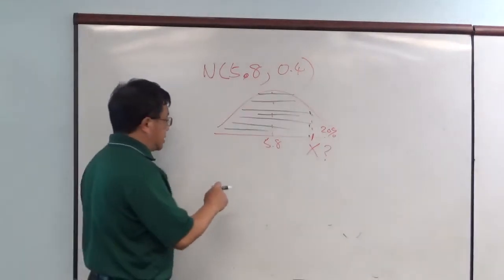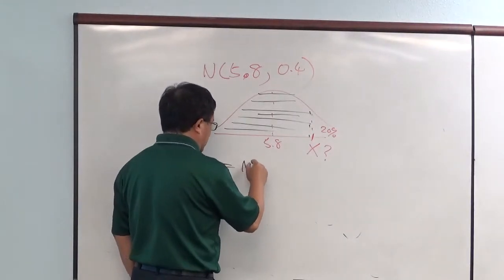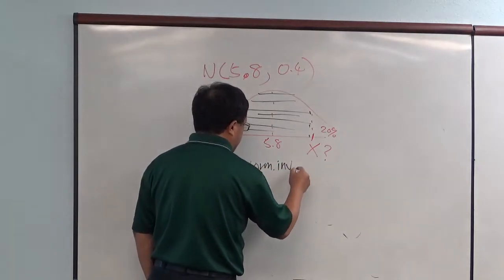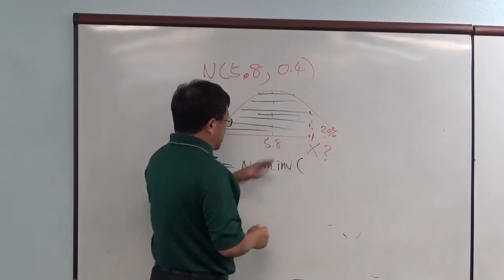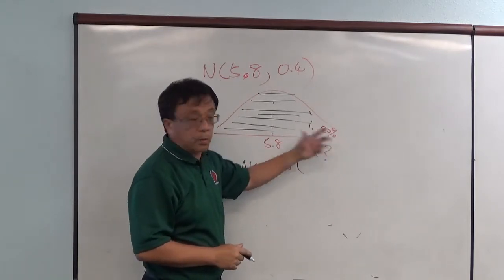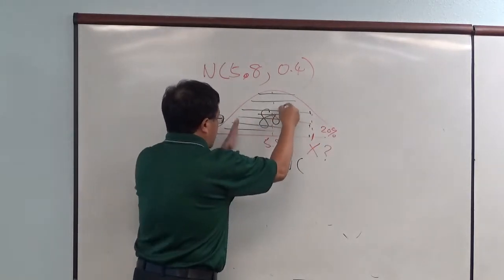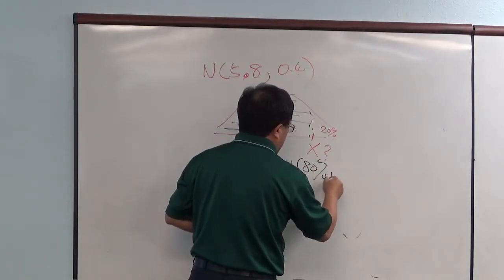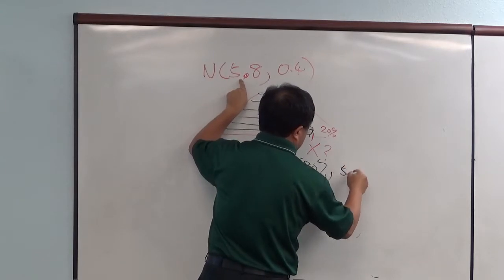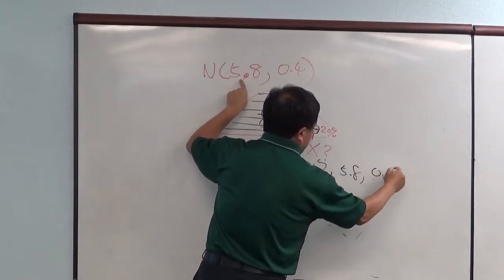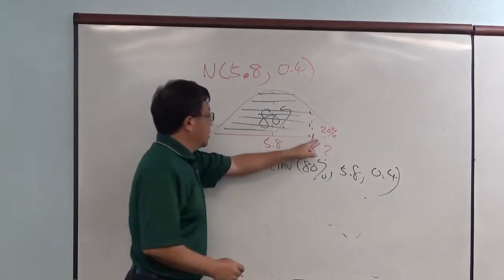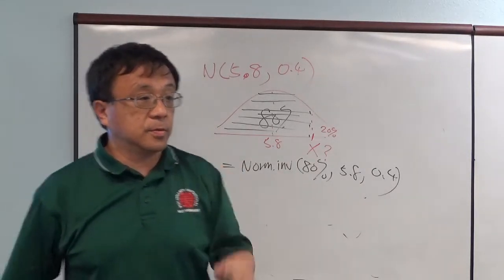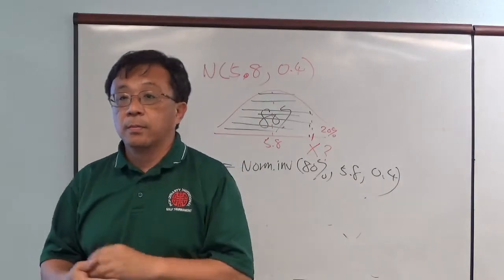So in this case, if we use Excel, we use norm inverse because we know the probability. And then the probability, instead of putting 20%, we have to put 80%. I always put the area on the left side, which is 80%. And then the mean and standard deviation. It'll give us this value. Is that clear? So it's very easy to make a mistake.